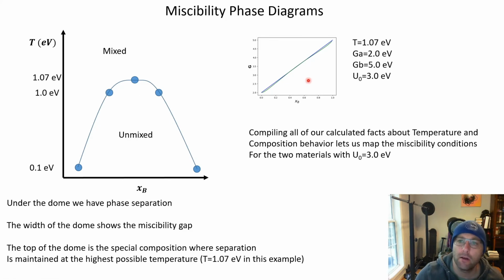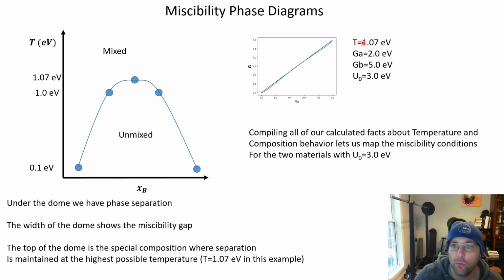And then I did one other calculation where I slightly increased the temperature from 1.0 eV to 1.07 eV. By the way, please don't get upset with me for writing temperatures in terms of electron volts. That's a standard analysis. The reason for doing it is to make it possible to directly compare the numbers in this list.